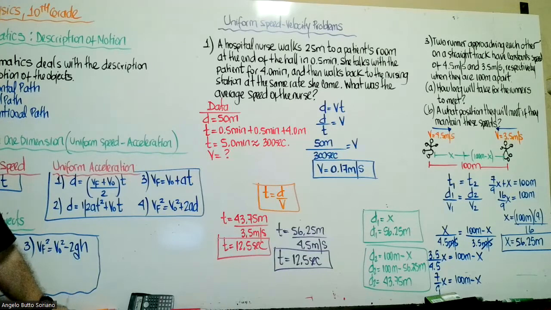And from the perspective of the second runner, it moves only 43.75 meters, moving at 3.5 meters per second, and they meet in a period of time of 12.5 seconds.